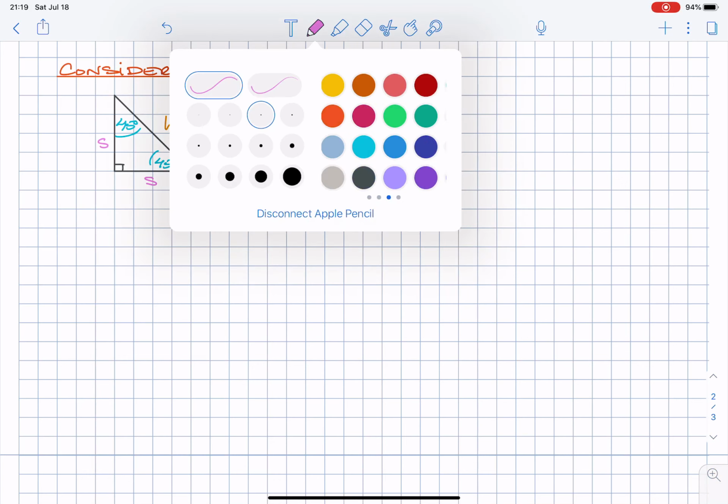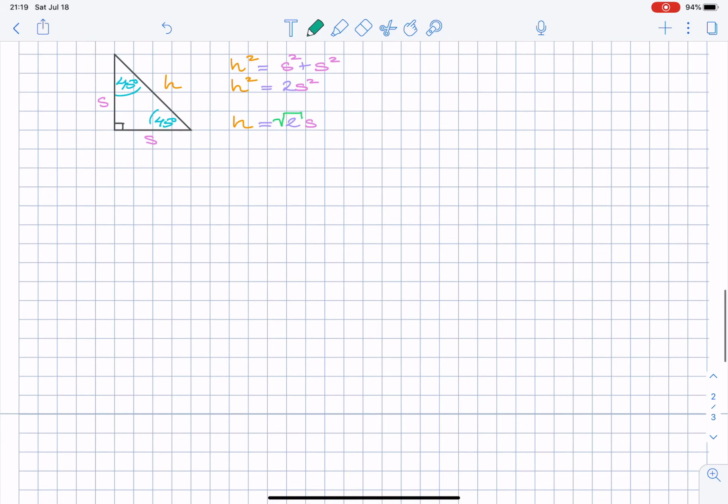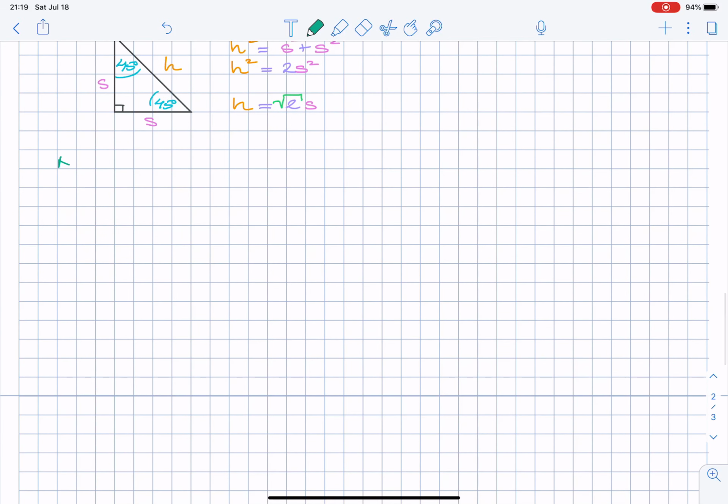So let's note, what type of triangle was this? In a 45-45-90, so those represent the angles from smallest to largest.